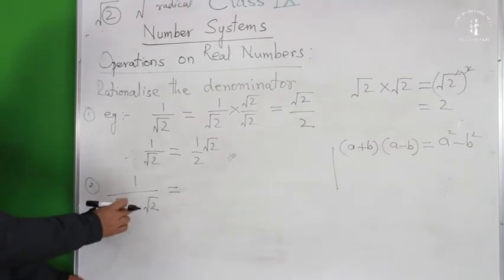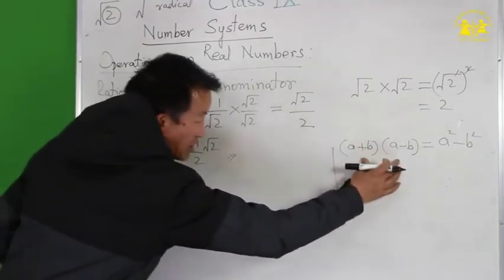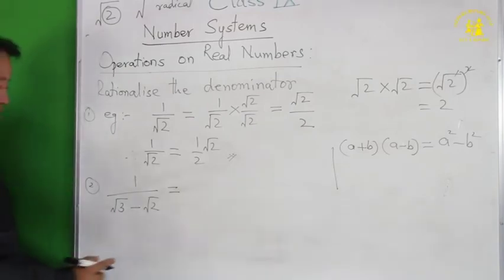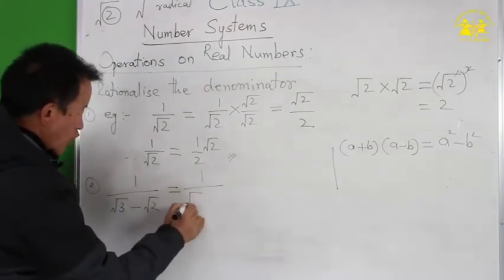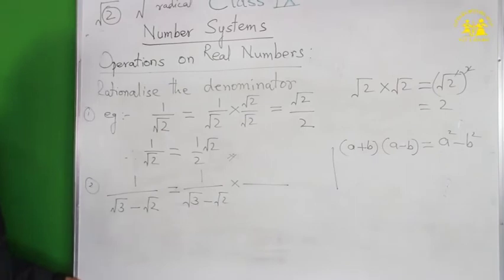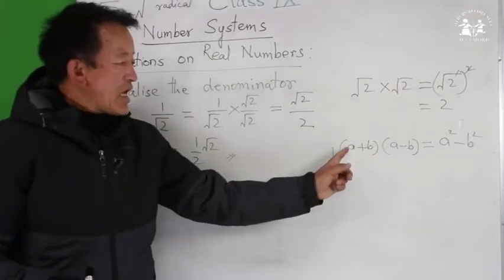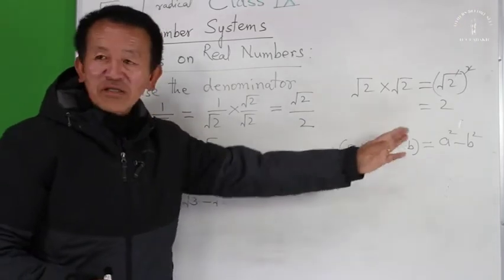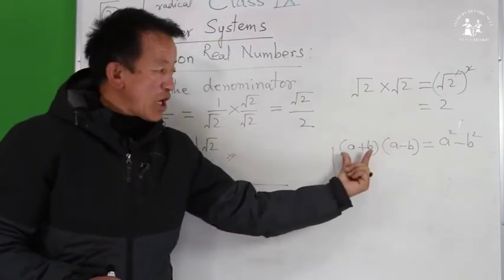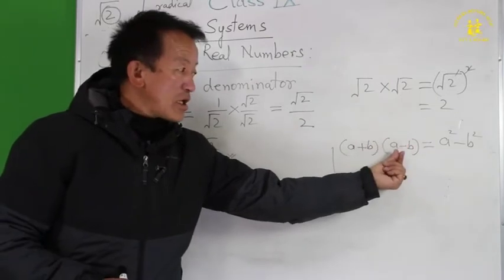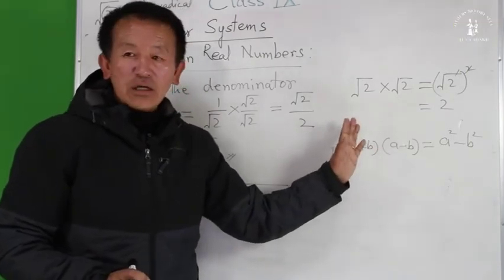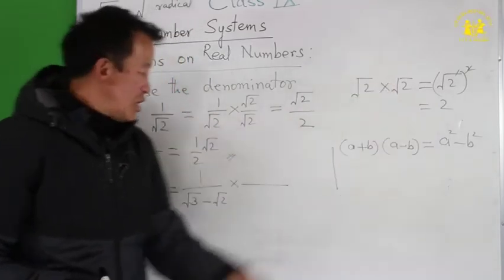Square root of 3 minus square root of 2, this form we have to multiply, so the square root and the root cancel. Square root of 3 minus square root of 2, we multiply. a plus b into a minus b, sum and difference. The sign is opposite, so this time.